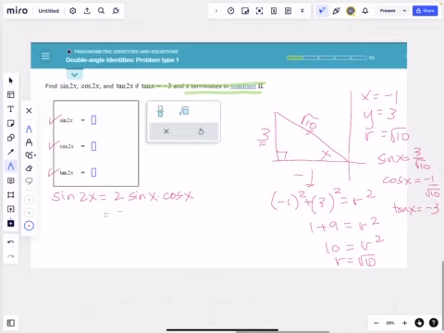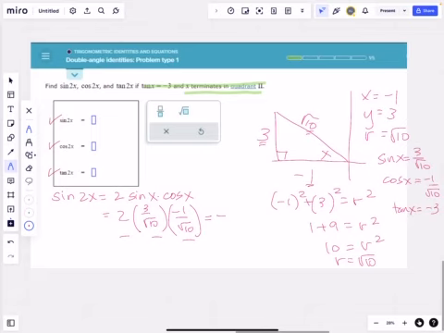All right, so now let's sub in the right things. We've got the 2 there, and then we've got sine of x is 3 over the square root of 10, and the cosine of x is -1 over the square root of 10. What we see here is a positive times a positive times a positive times a negative, which is going to give us a negative answer. And then we're just going to multiply our numerators all together.